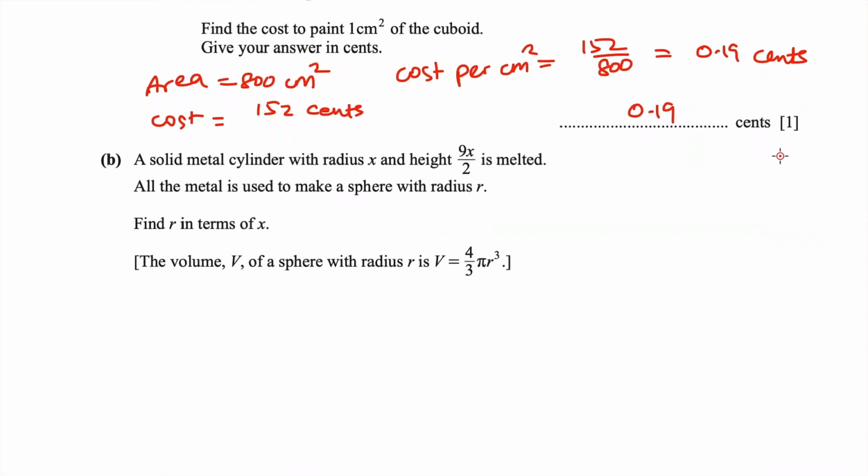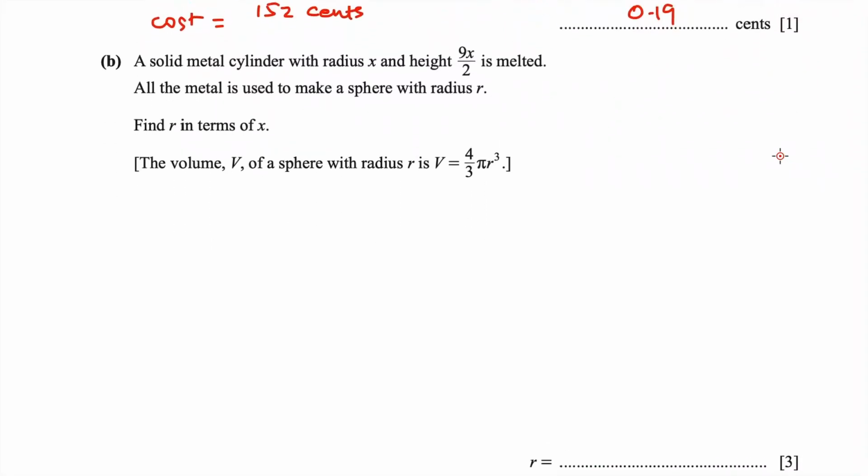Now let us come to part B. A solid metal cylinder with radius x and height 9x by 2 is melted. All the metal is used to make a sphere of radius r. Find r in terms of x.